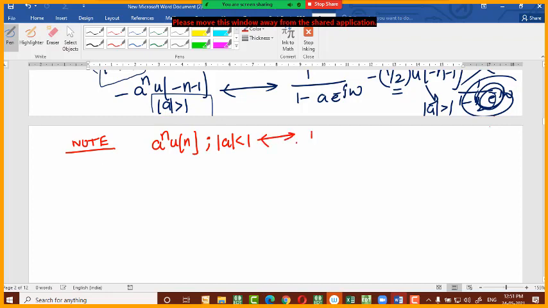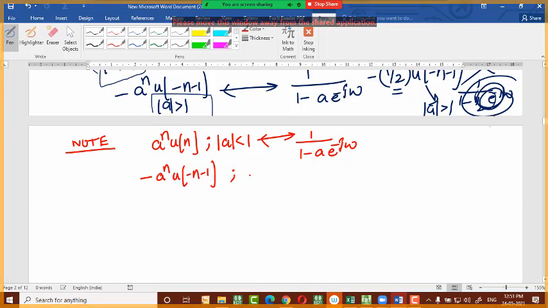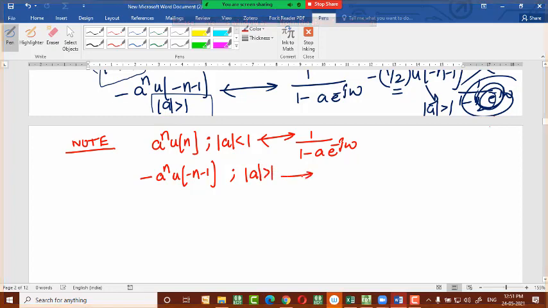If you apply DTFT, 1 by 1 minus a into e power minus j omega. Minus a to the power of n u of minus n minus 1, here modulus of a is greater than 1. Answer is 1 by 1 minus a into e power minus j omega.